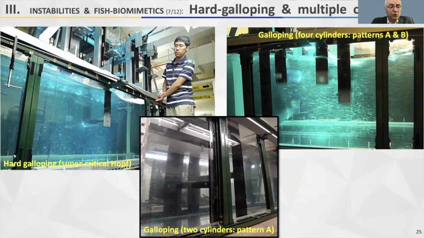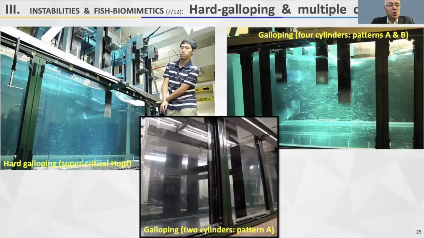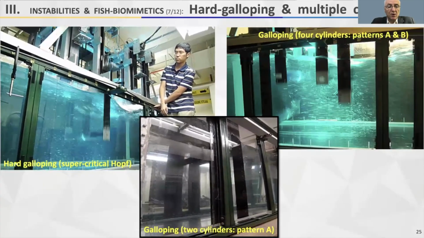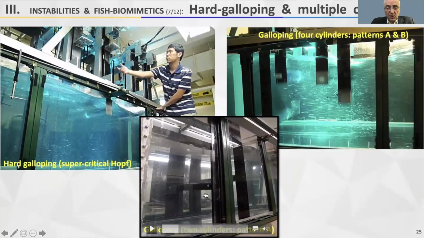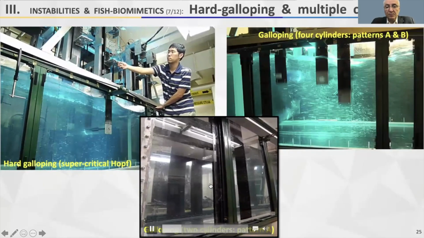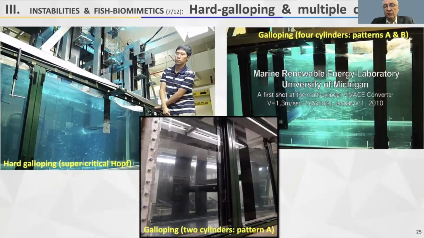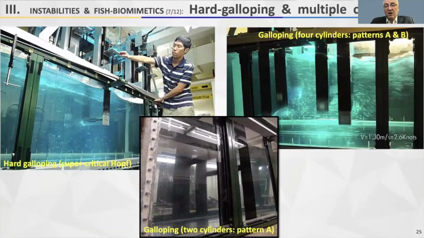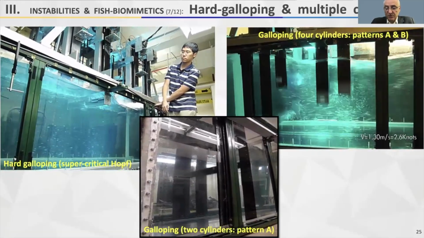But if you move it a little, then you go into supercritical Hopf bifurcation, which is what we call hard galloping. Synergy between cylinders can also lead to different patterns in galloping, and you can have synergy with 4 cylinders, which make basically the Vivace converter look like a reciprocating engine with 4 pistons in this particular case.